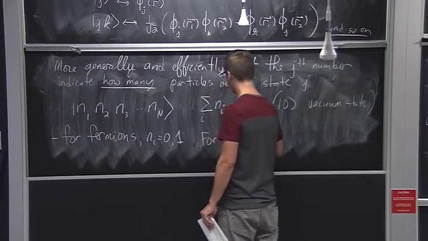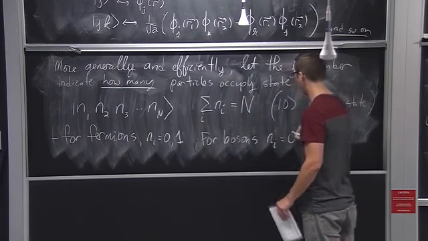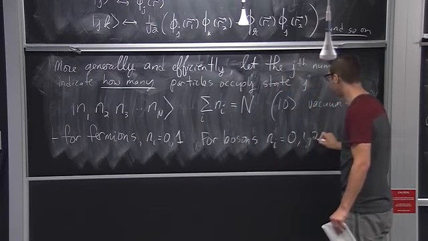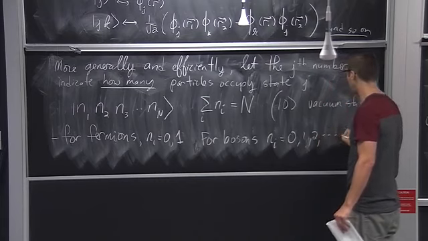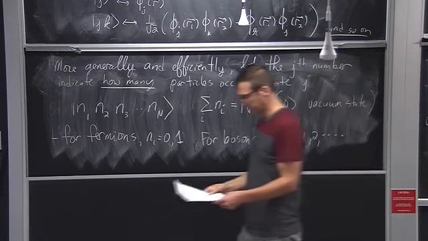But for bosons, you have 0, 1, 2, up to, you know, the local Hilbert space is infinite for bosons.